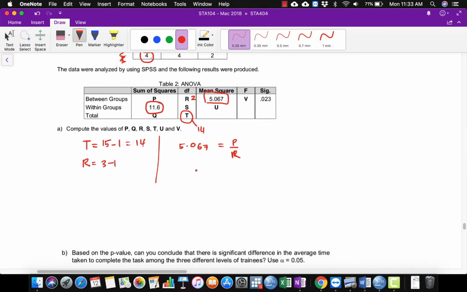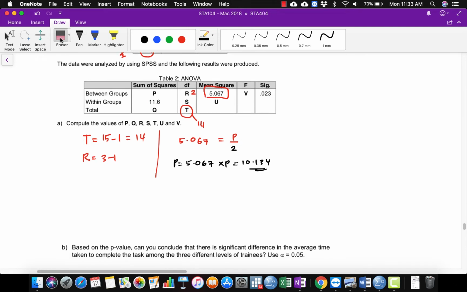Now you already know the value of R. R is equal to 2, right? So to get the value of P, it is 5.067 multiplied by 2. So this should be equal to 10.134. This is the value of P.